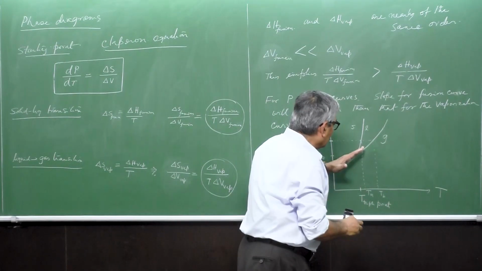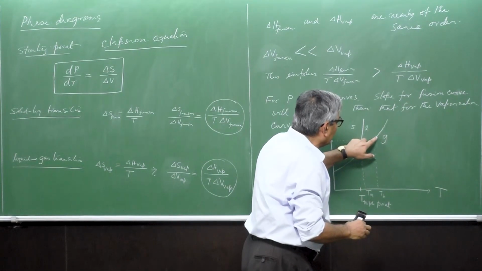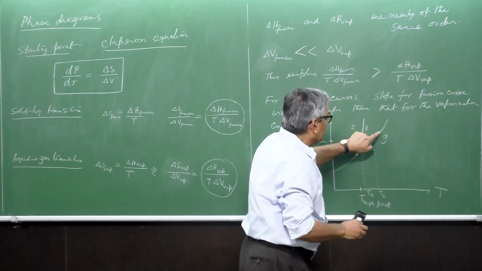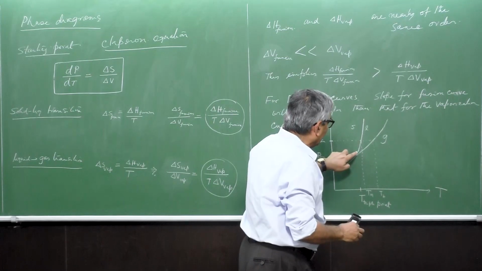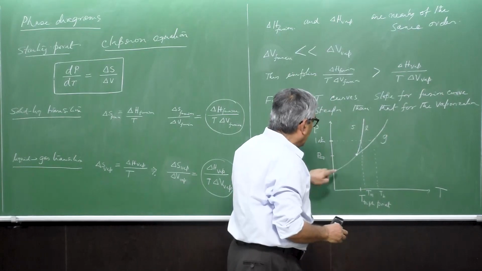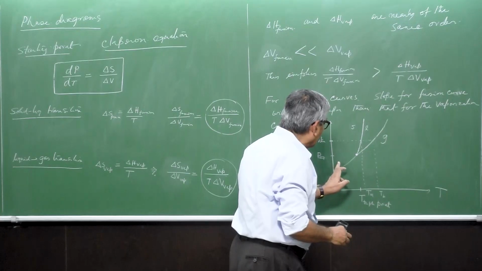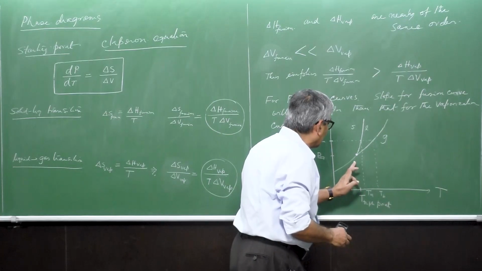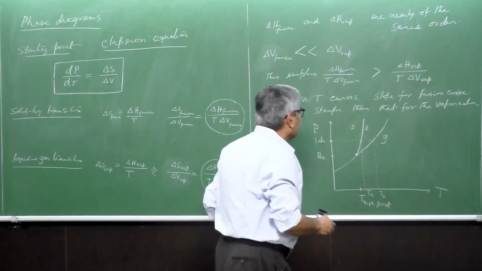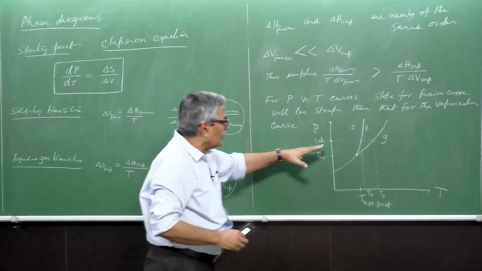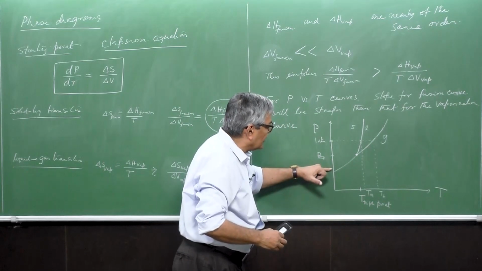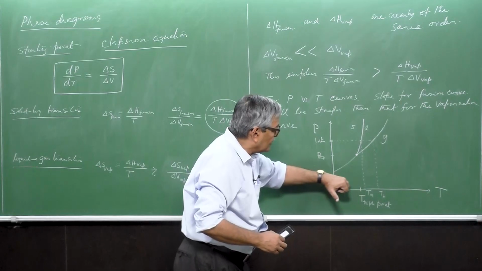And as you go along, the boiling point will change according to the pressure, along this line, and the melting point will be changing along this curve. Also the system can go over directly from the solid to the gaseous phase if we lower the pressure to a definite extent and at very low temperature.